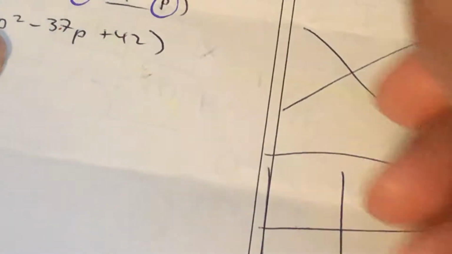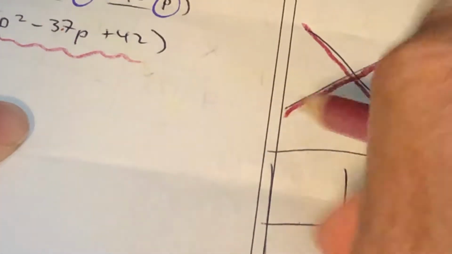Remember, sorry, I should use a different color here. Let's use red. This here on the inside will be my A, B, and C. So my A value is 5, B is negative 37, and my C value is 42.